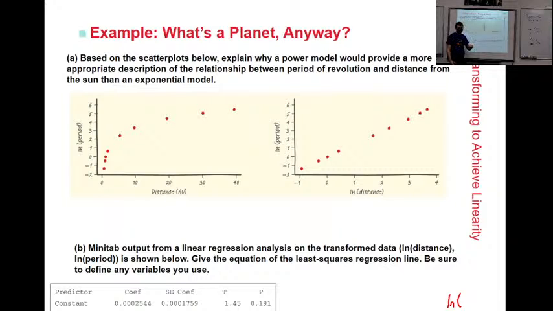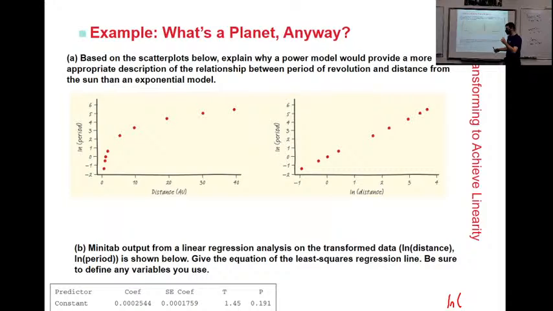So which one is which type of model? This is graphing x versus natural log of y. So this would be testing what kind of model on the left? Exponential. And do we think that exponential is the best model? No, because not a straight line. This is graphing natural log of x versus natural log of y, which is power.